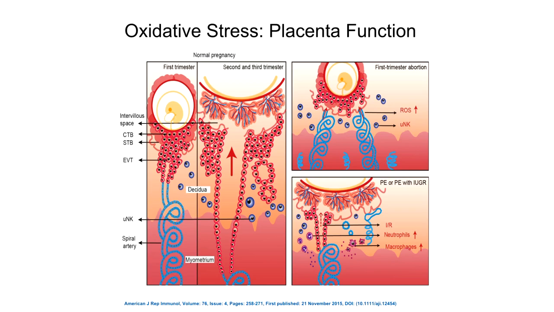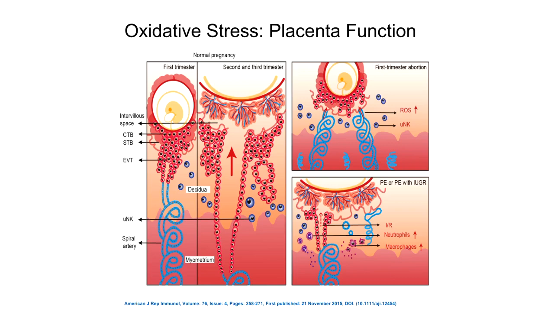Here we can see special cells called the uterine natural killer cells, which have a very important function during the invasion, but also during the permanence of the pregnancy through the ninth month.